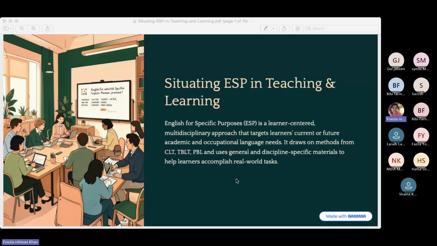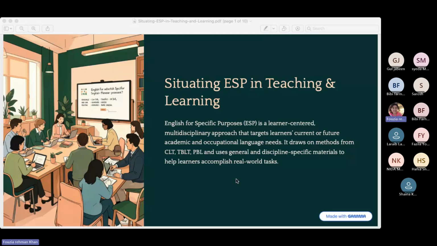So the first characteristic of ESP is that it is a learner centered approach, right? And then the second characteristic is it is multidisciplinary.